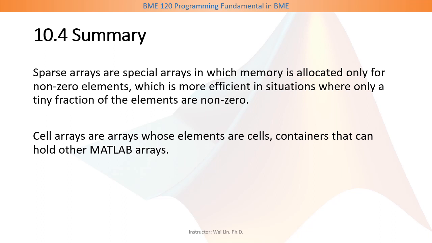Cell array is a data type that can hold heterogeneous data types. Each cell holds a specific type of data. And just keep in mind, a cell array actually stores pointers to those data in an array, and then uses the pointers to access the corresponding data in other locations of memory.